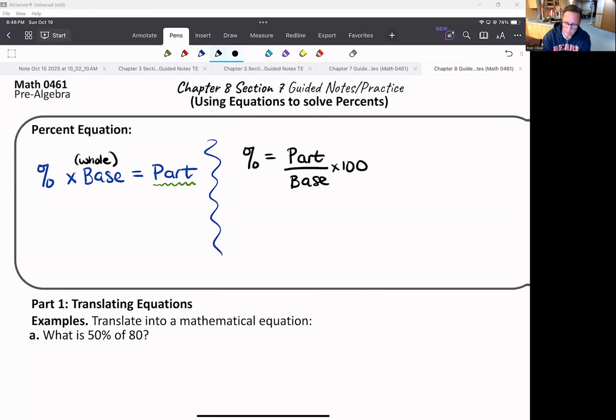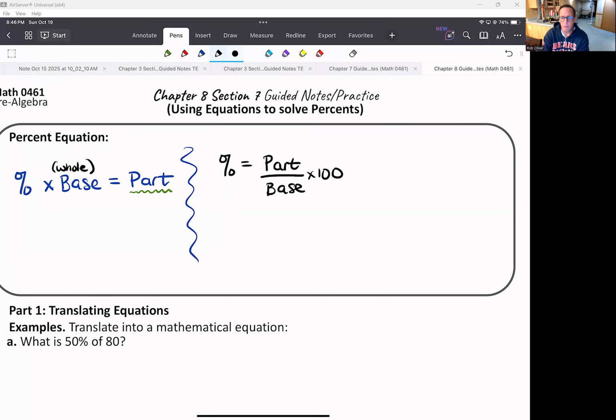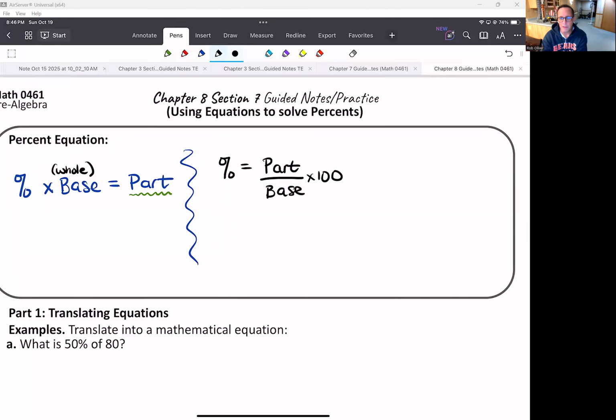The times 100 part is kind of optional, because when you do the part divided by the base, you're going to get a decimal. If you're trying to change it into a percent, it doesn't hurt to remember, hey, I have to multiply by 100, or just move the decimal over 2 places to the right.